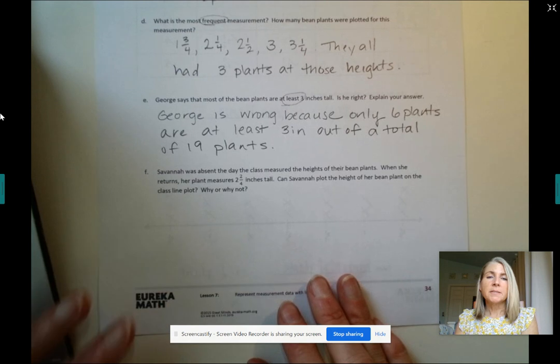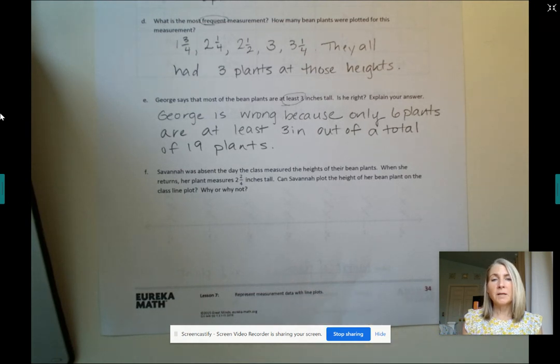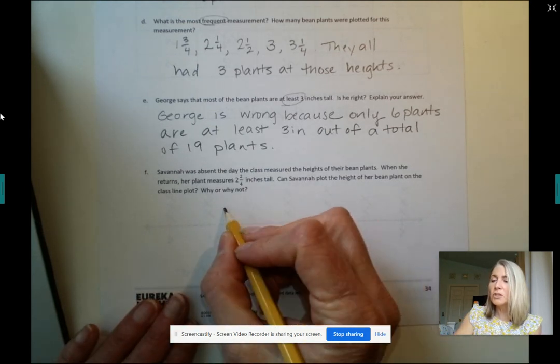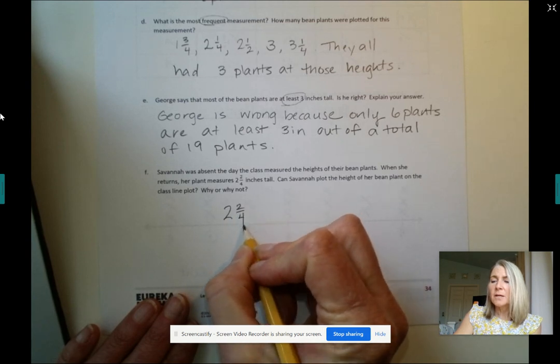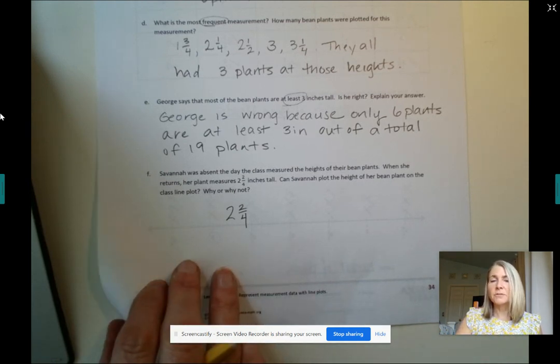Savannah was absent the day the class measured the heights of their bean plants. When she returns, her plant measures 2 2/4 inches tall. Can Savannah plot the height of her bean plant on the class line plot? Why or why not? So she has a plant that's 2 2/4. Now, some of you might look at this fraction and recognize right away an equivalent that's very familiar to you.